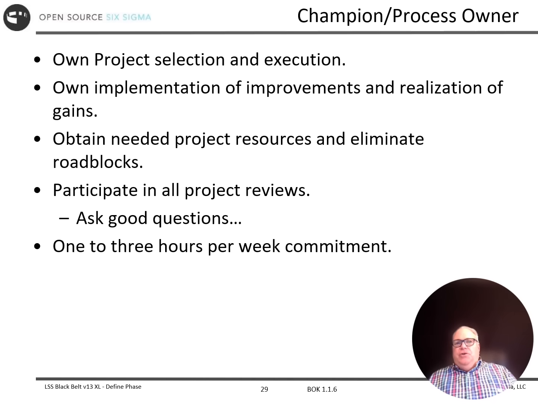At the execution level, we typically are talking about a mid-level to higher level manager, director, executive director, manager that is either a process owner and they want to make their processes better, or they look at their yearly objectives and say, "Hey, in order to get there, I'm going to have to do one of these breakthrough projects in order to meet my goals."